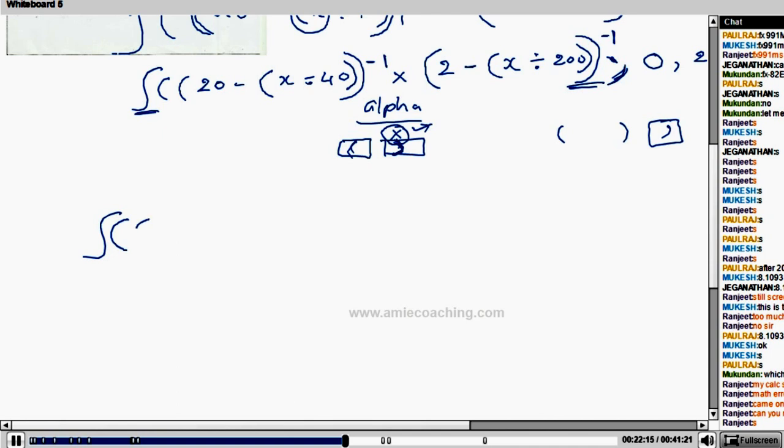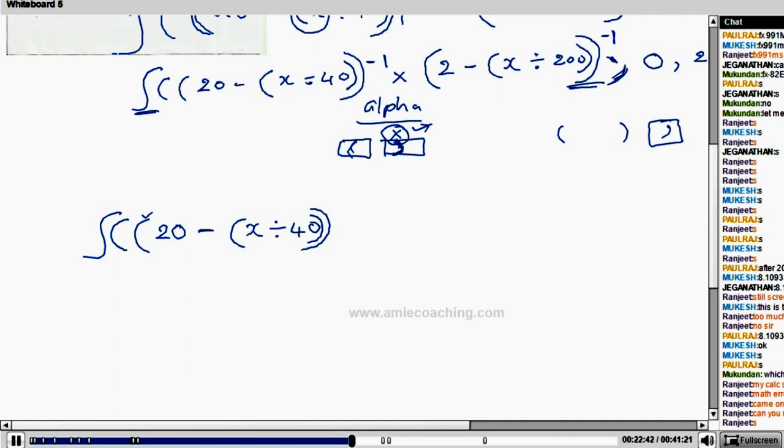Then you have to open a bracket. Okay. Next is type 20 minus. Again, you have to open a bracket. X divided by 40. Then close this bracket and close the main bracket.